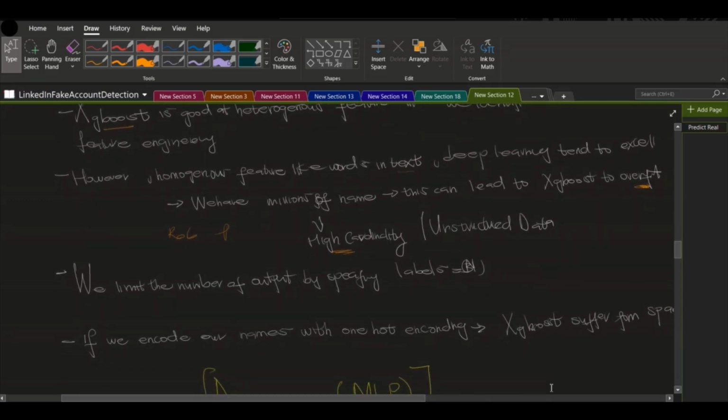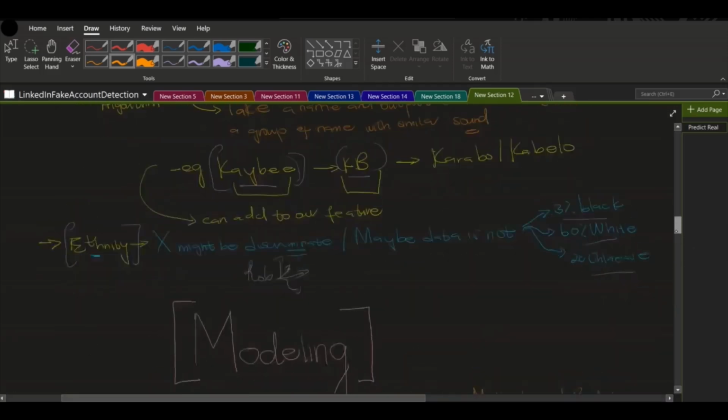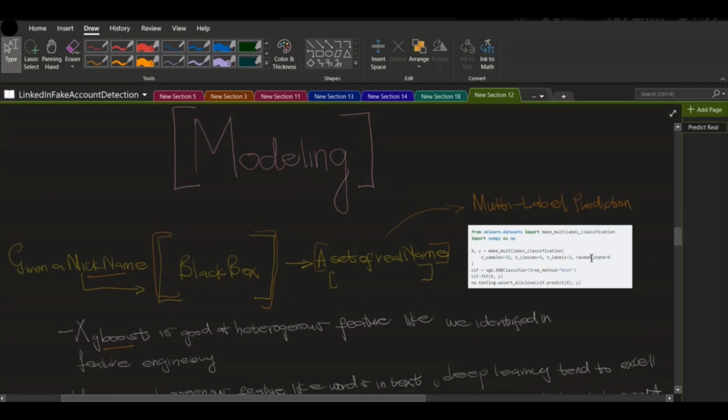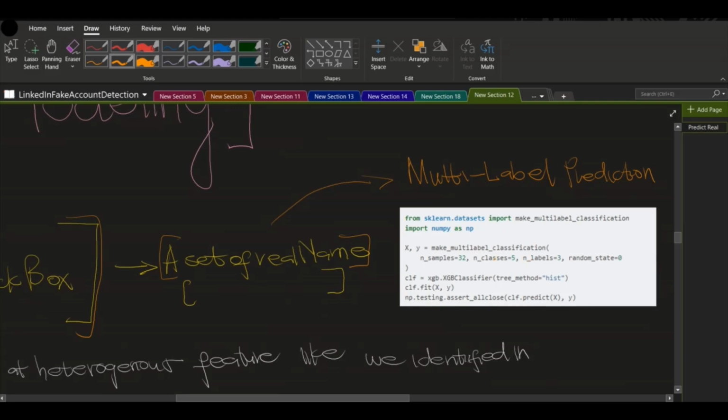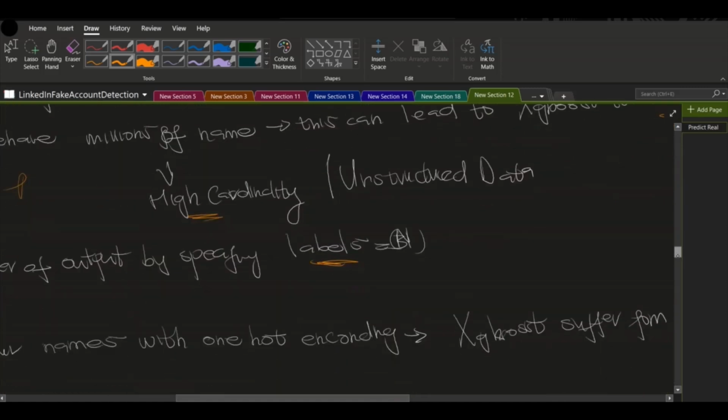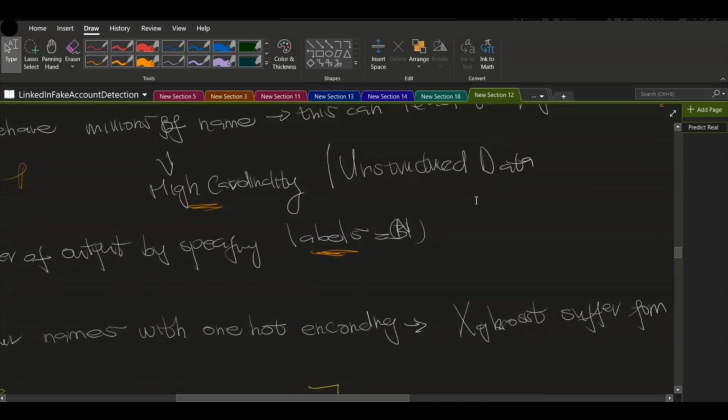Another thing is that XGBoost is going to limit us in terms of the labels that we can have. For example, you need to specify the number of labels that you are predicting for. But like we said, the problem maps a real name, maybe a nickname, to multiple names. Maybe we don't want to limit it to a set of 2 or 3.